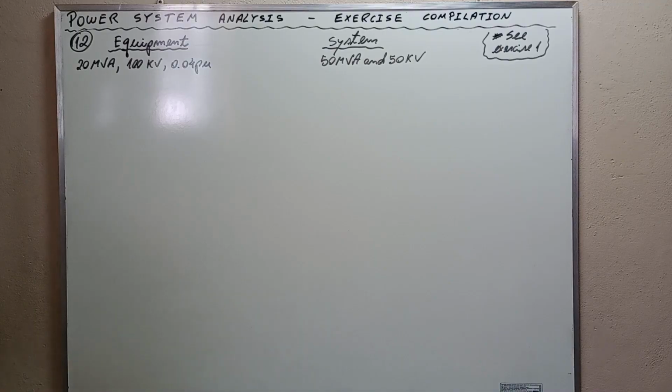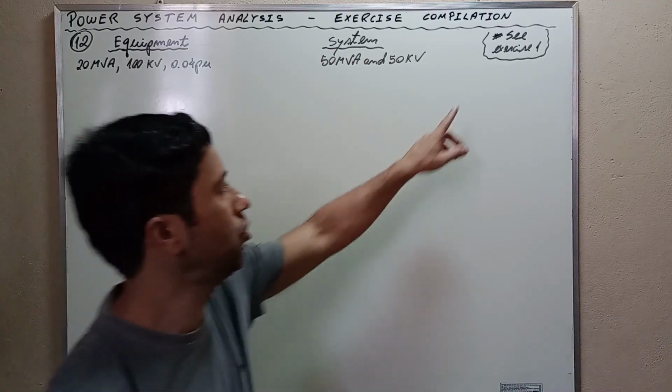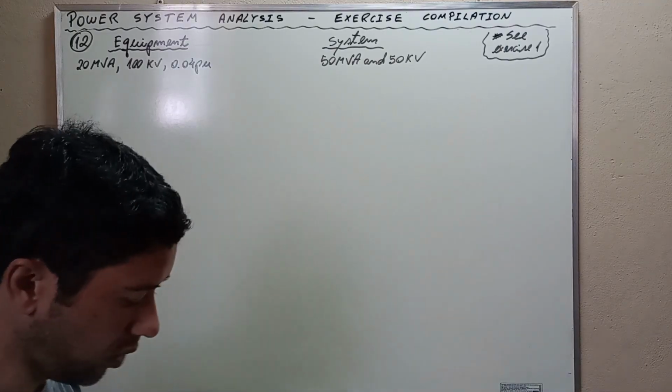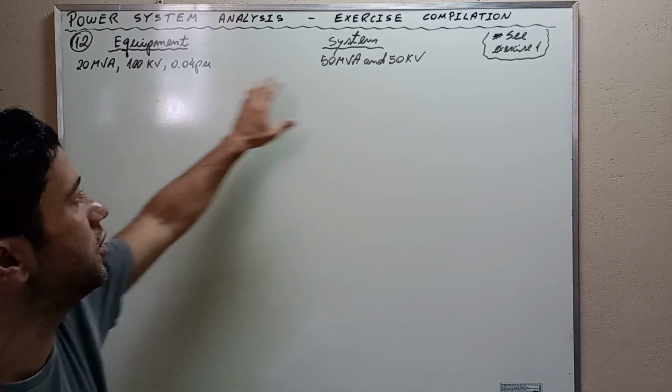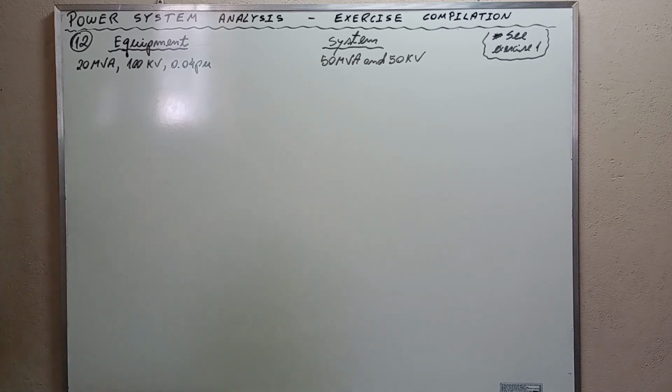Okay? In exercise 1, to which you can return, I demonstrated how we get to the final expression to convert from one system to another. Here we are going to use only the final expression, okay?